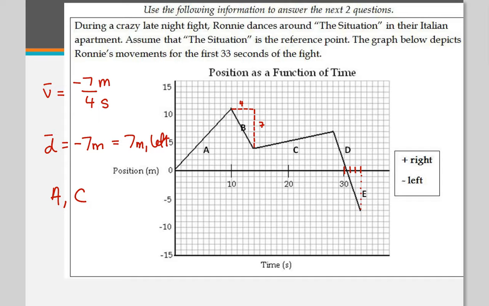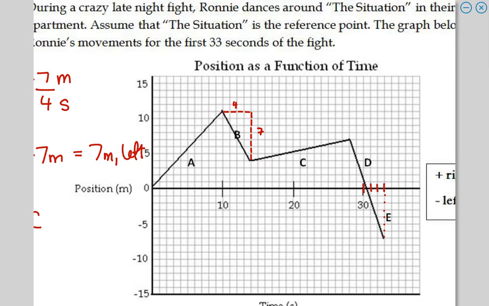Determine Ronnie's acceleration during the first 10 seconds of the fight. I wonder if that's for the next question. That would be 0, though, if you're using this graph. So the reality is, obviously, in real life, you'd have to accelerate. But these sharp points are sort of like mathematical tricks.